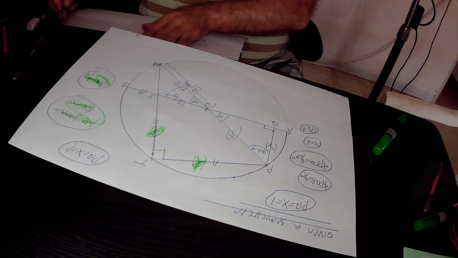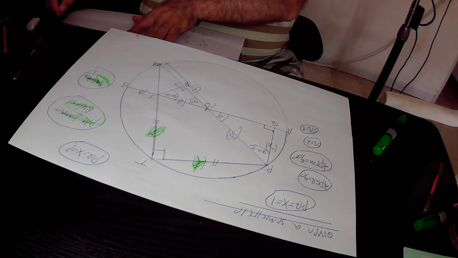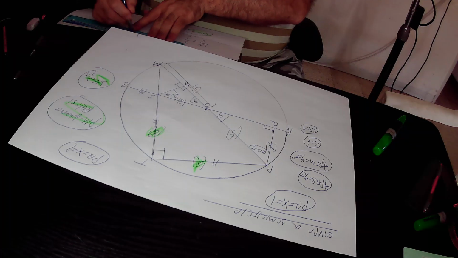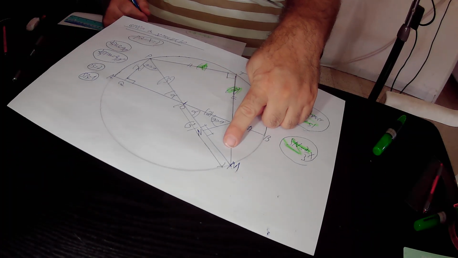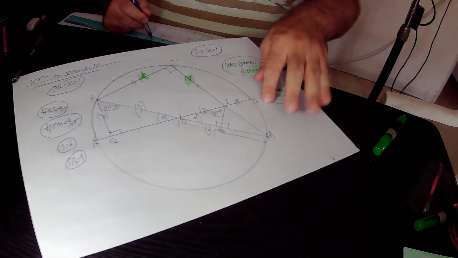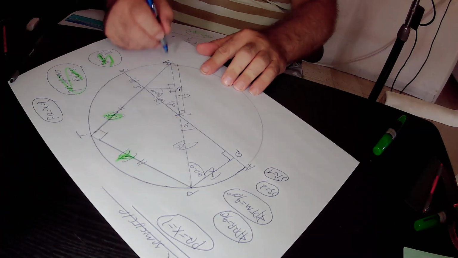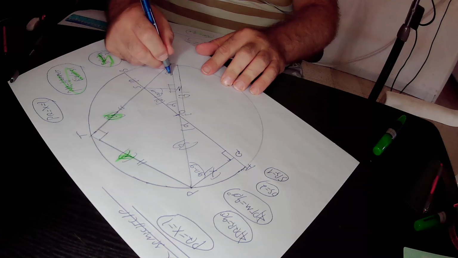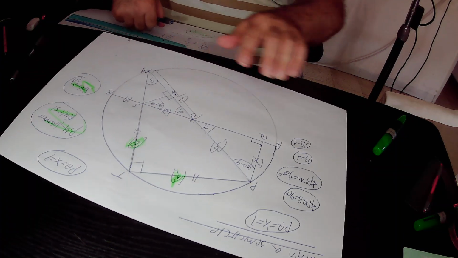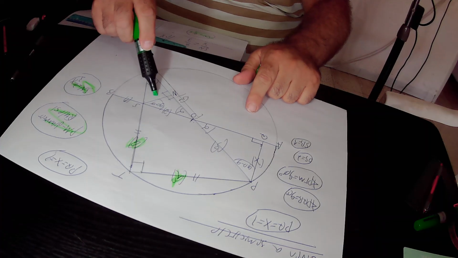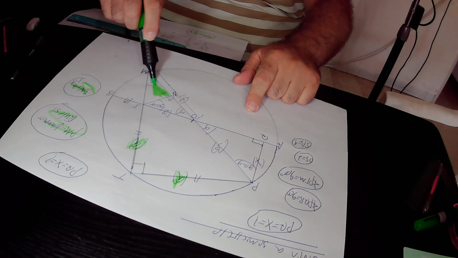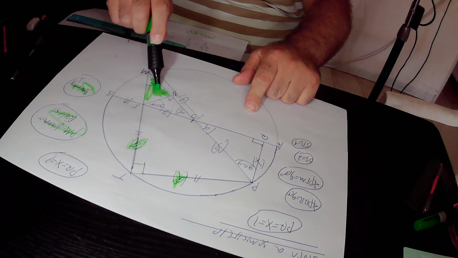In the next step, we define this angle as beta, and we'll focus on the small right triangle NSM. This is the small right green triangle, triangle NSM.